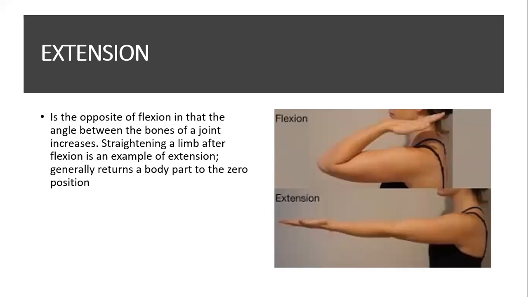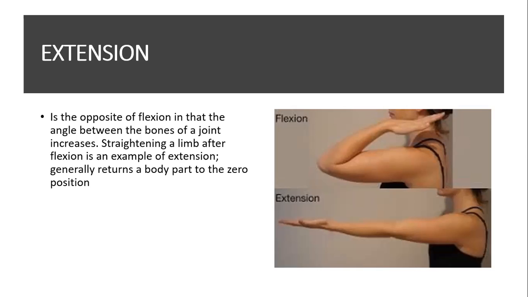Going backwards with your shoulder is extension. Extension of the elbow is returning it from the flexed position, just like the picture. Extension of the wrist is bringing your wrist backwards. Flexion is forwards. Extension is backwards. Extension of the fingers is bringing the fingers back. Extension of the hip is bringing a straight leg behind you. Extension of the knee is bringing it back to the zero position from flexion.